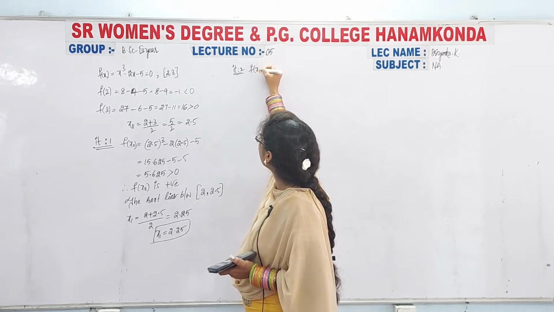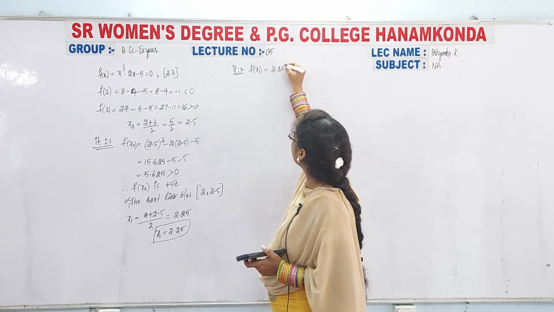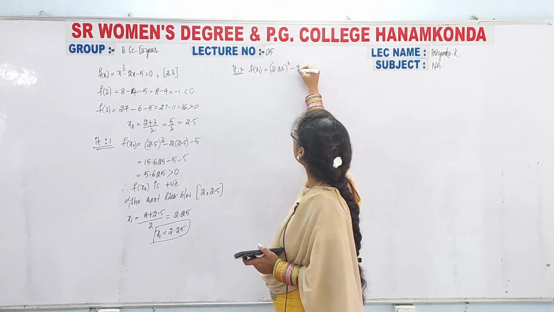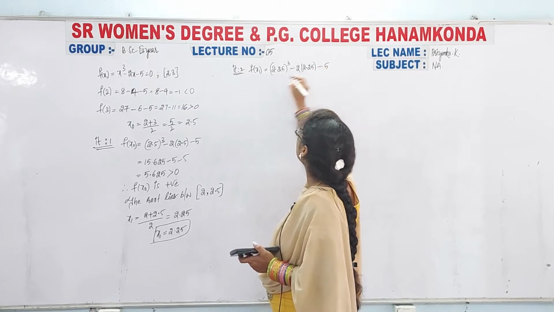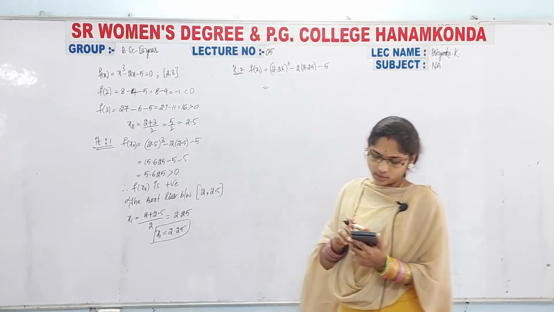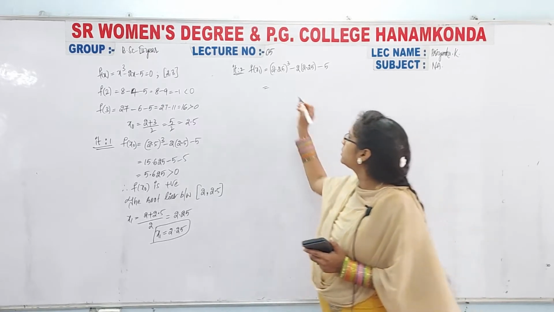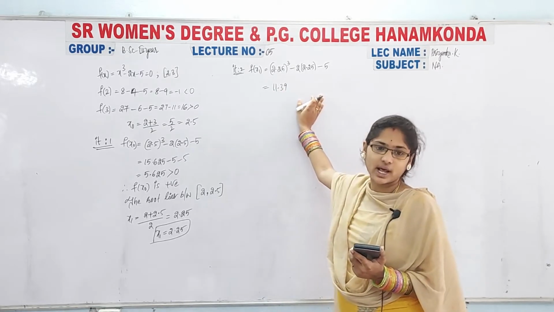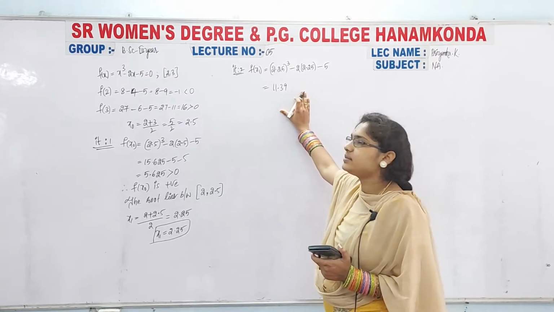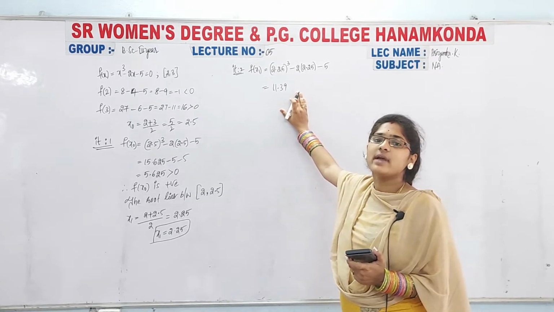Now f of x1. f of x1 means 2.25 whole cube minus 2 into 2.25 minus 5. Now 2.25 whole cube is 11.39. Actually here we have 11.390625. I am taking 39 only, because after this we have a 0.